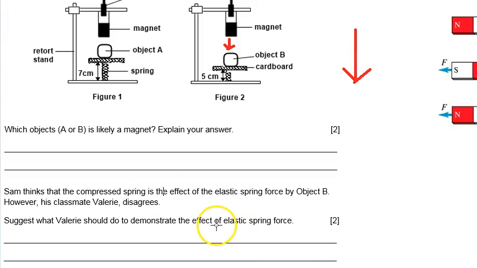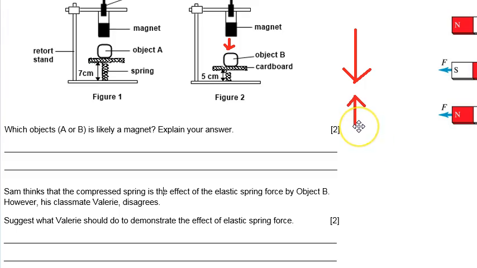So elastic spring force is the force that is preventing object A from pushing the spring all the way down. So elastic spring force is actually the one that is countering, okay, the one that is going against the gravitational pull.